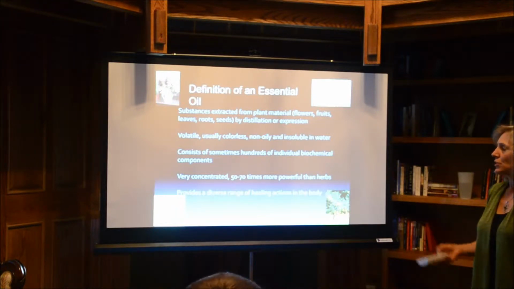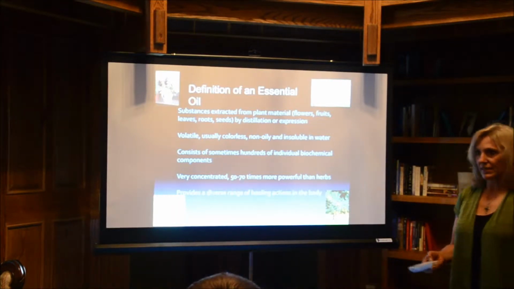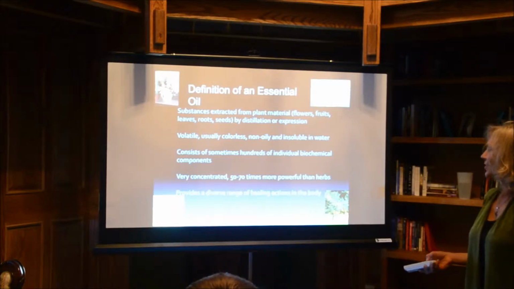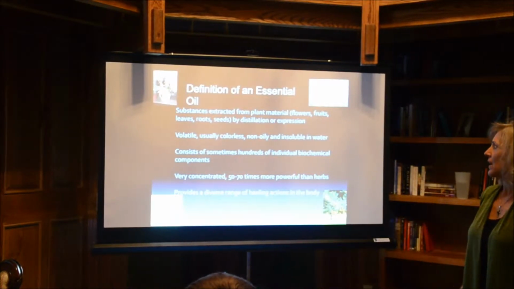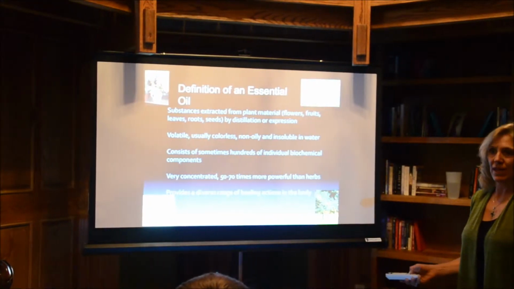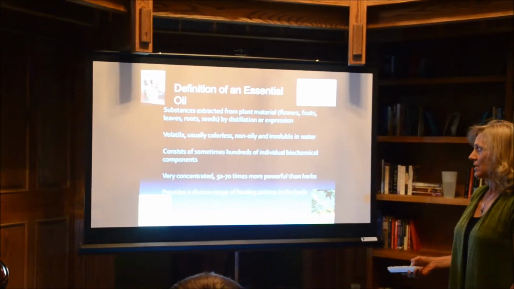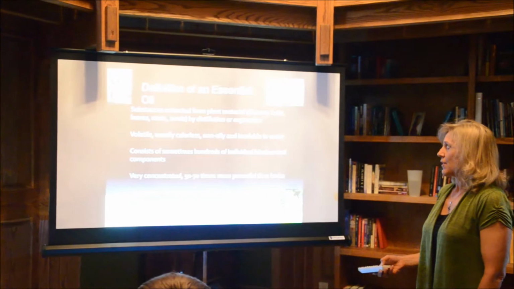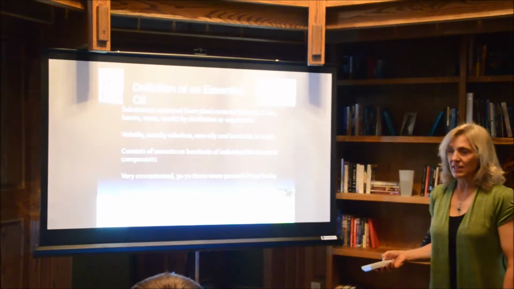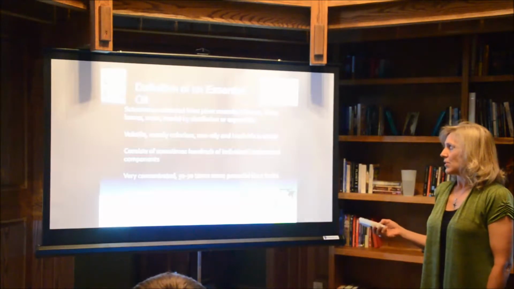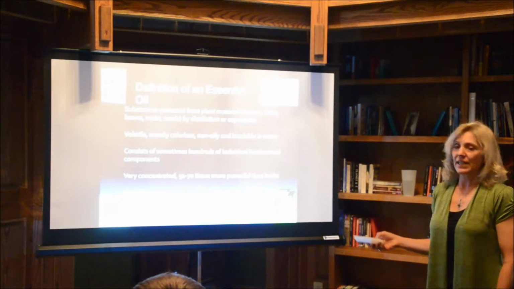And they're volatile, usually colorless, they're not oily, and they're insoluble in water. Sometimes an oil consists of hundreds of individual biochemical components or constituents. They're very concentrated, 50 to 70 times more powerful than herbs. And so this provides for a diverse range of healing actions in the body.